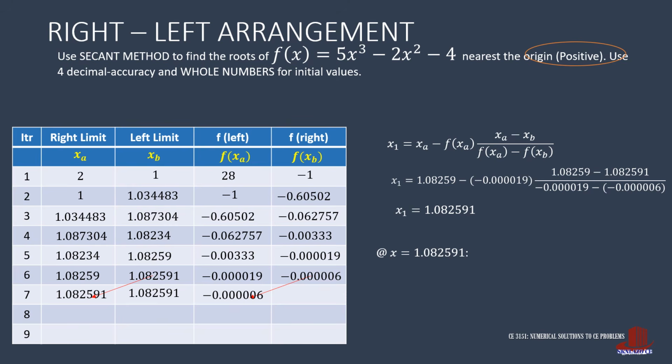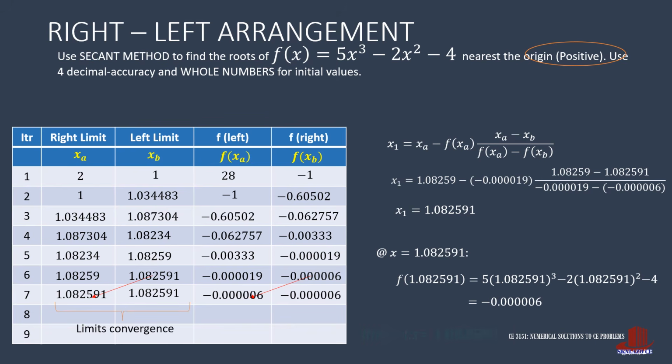Now it is seen that xa and xb also converge, giving the same root as 1.082591. This shows that no matter what arrangement is used in the columns, the slide route remains the same, where the root would remain the same.